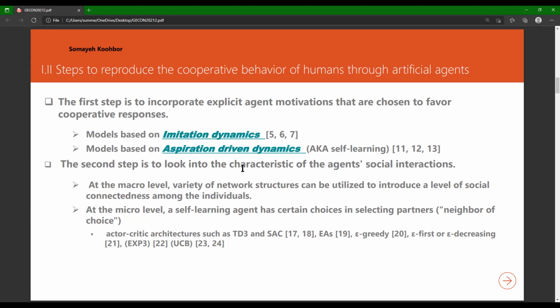In imitation dynamics, we assume that an agent, or in our case a human, tries to understand the surrounding environment.